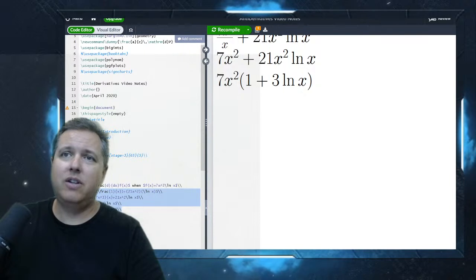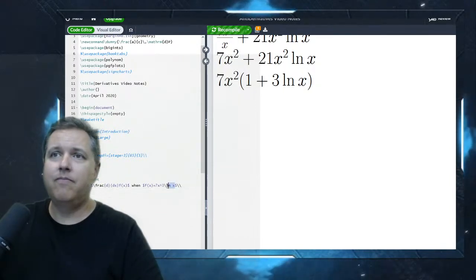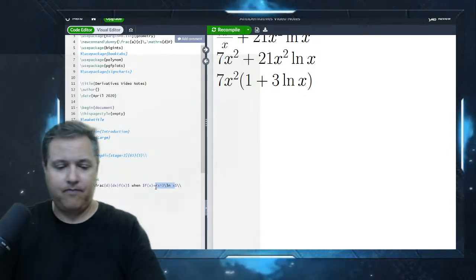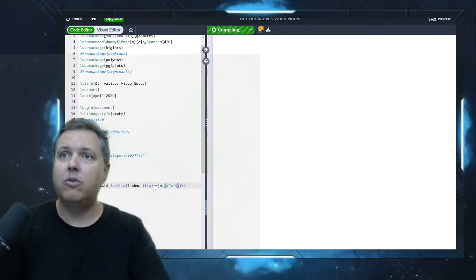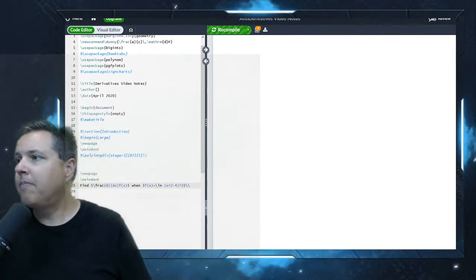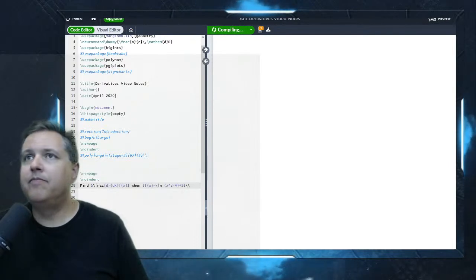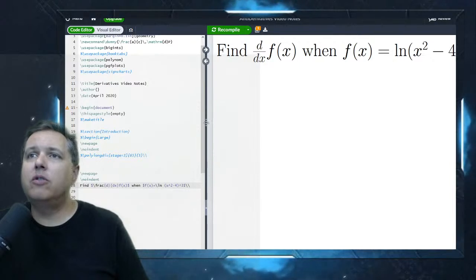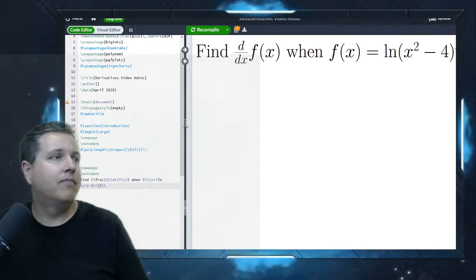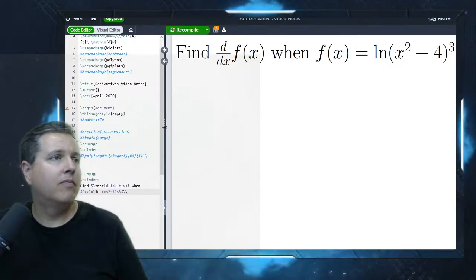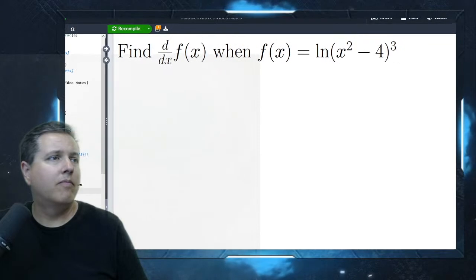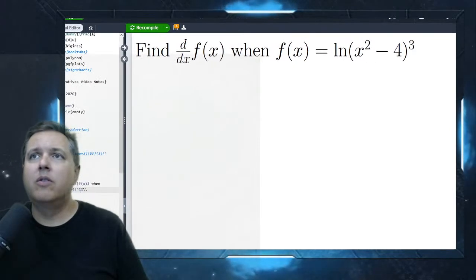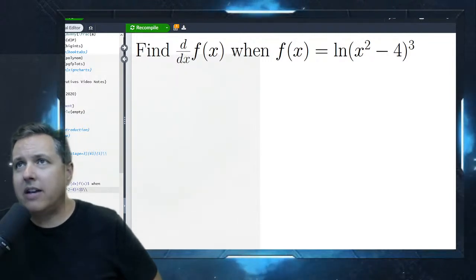So let me move this over a little bit. Find the derivative of f of x when f of x is equal to the natural log of x squared minus 4, cubed.